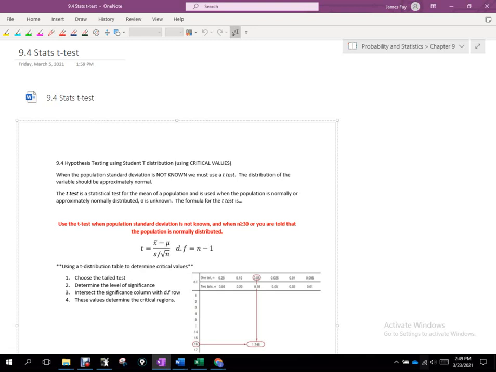Maybe sometimes we only have 20 buses that we can look at, okay? Maybe we only have 20 cities, or maybe if I'm doing an experimental medicine, maybe I don't have a lot of people that are willing to take that medicine, or maybe I don't have a lot of people that have the illness that medicine is targeting. So the t-test would then take that into account.